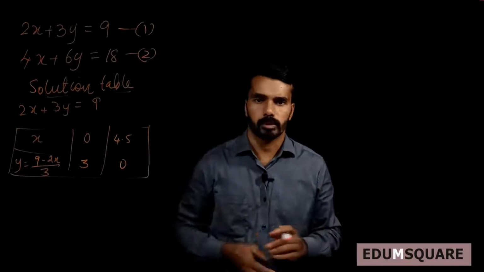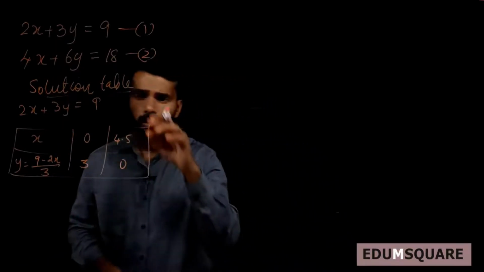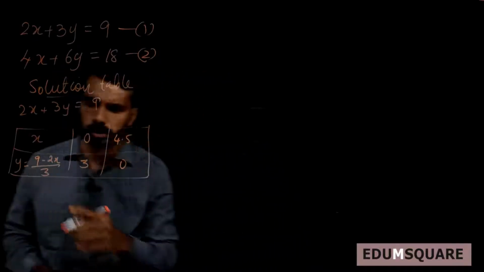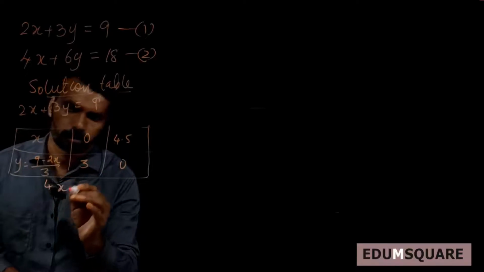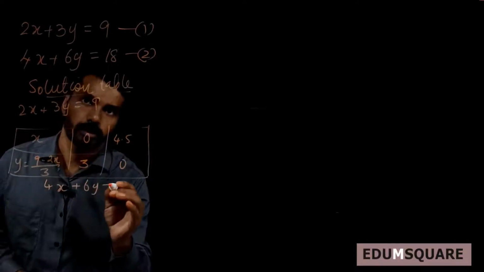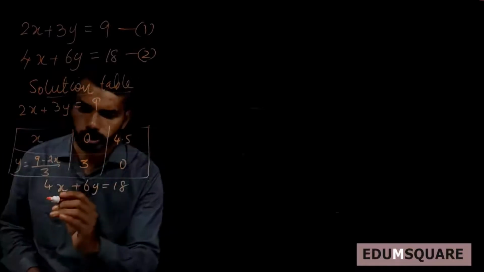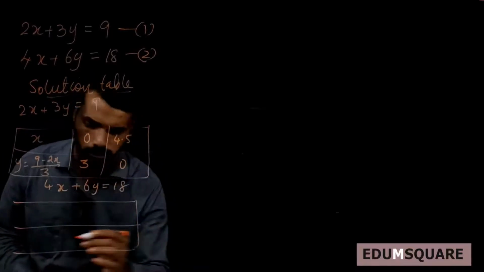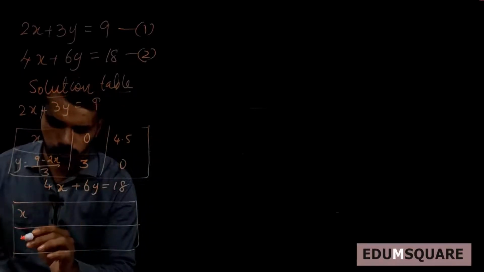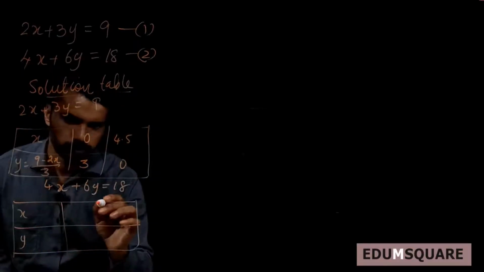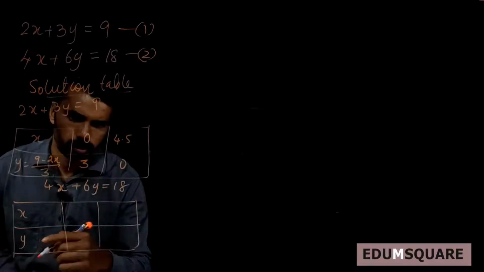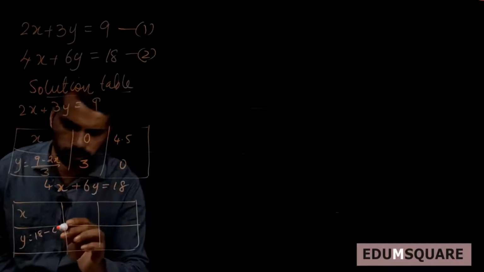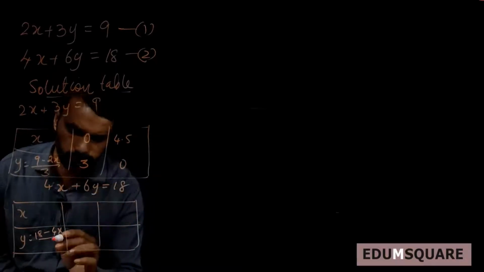Now let's construct the solution table for the second equation, that is 4x plus 6y is equal to 18. So the table is x, y, here y is equal to 18 minus 4x divided by 6.